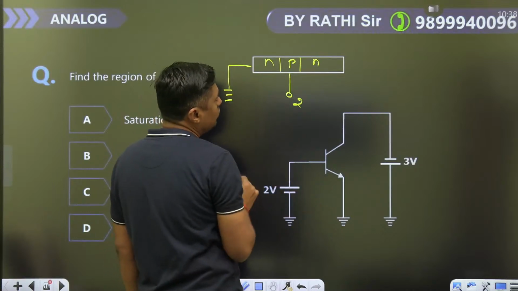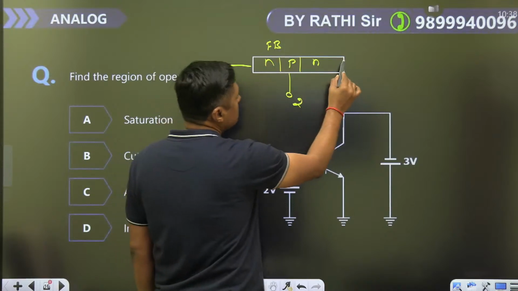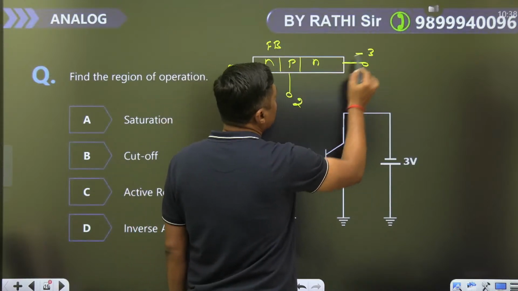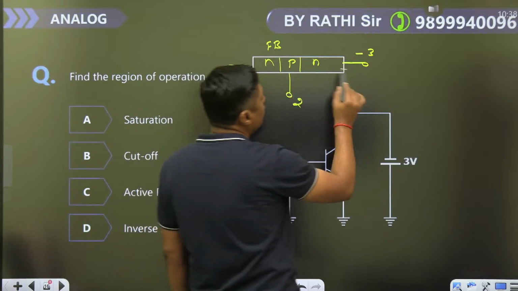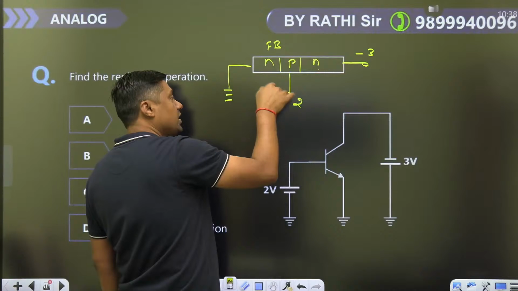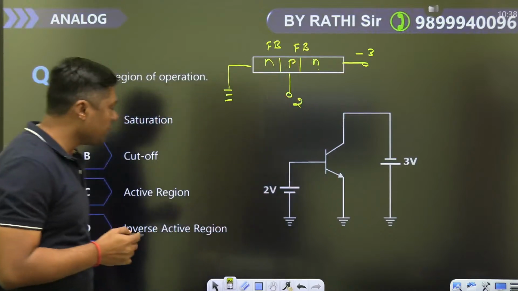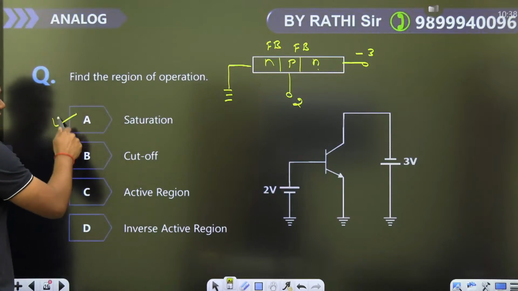Emitter region is connected to ground. Means what about this junction? Forward bias. That this is connected to what? Minus 3 volt. This is 2 volt. Means this diode is also what? Forward bias by 5 volt. Because n is less, p is more. This junction is also forward bias. If both the junctions are forward bias, means it is in saturation region.